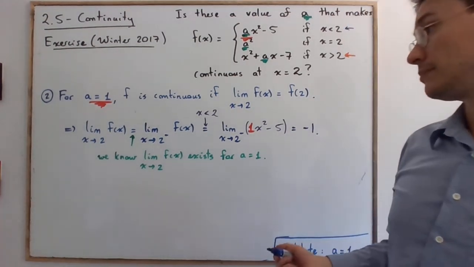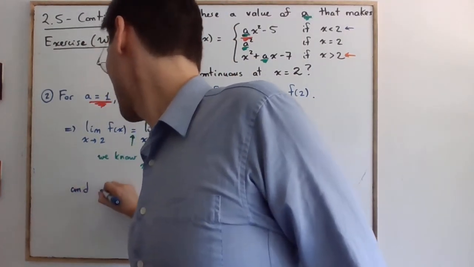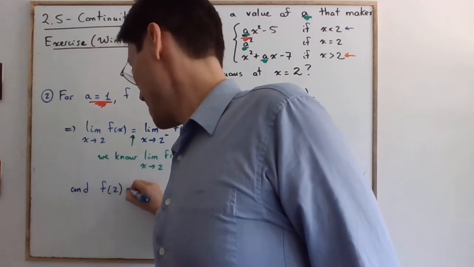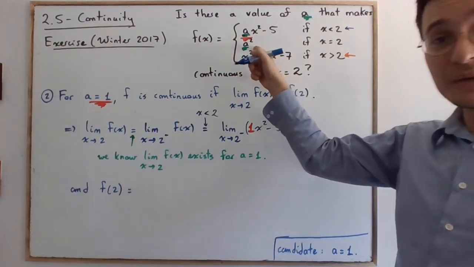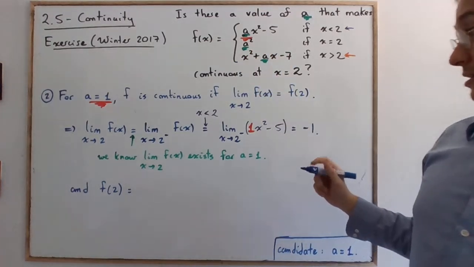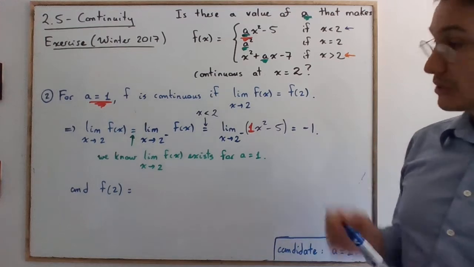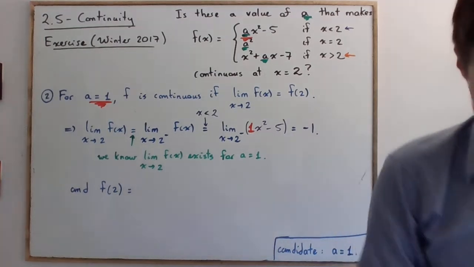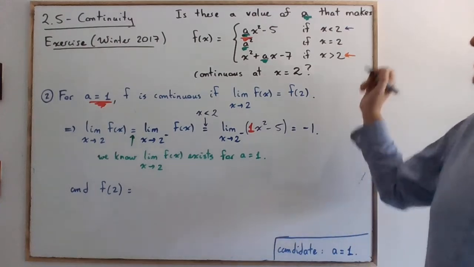Now, f of 2, we do the same thing, right? f of 2 is labeled to be a squared. I'm going to color this in black.